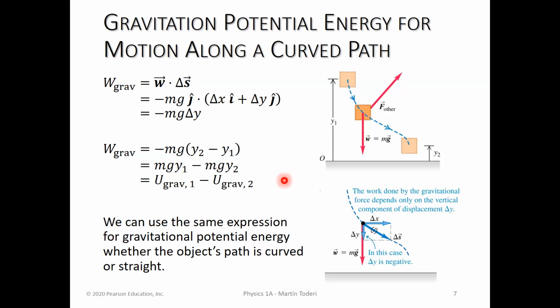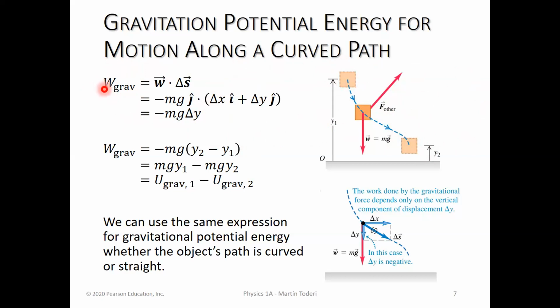Meaning that the gravitational potential energy is not dependent on the trajectory that the object is following. It's just dependent on the y coordinate, meaning that we have lines of equal potential over our system.